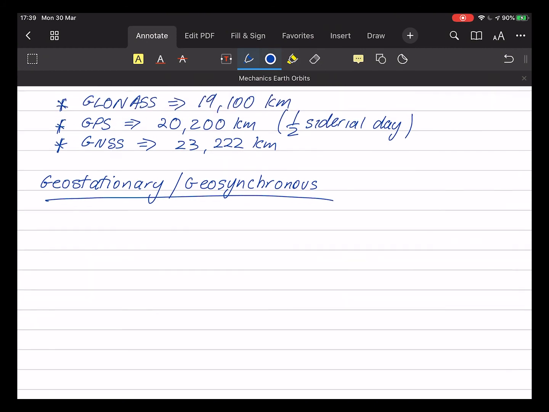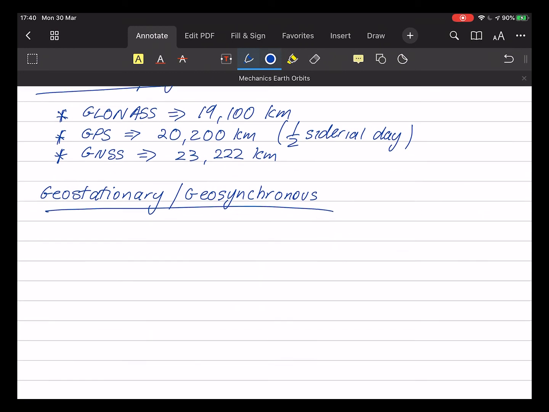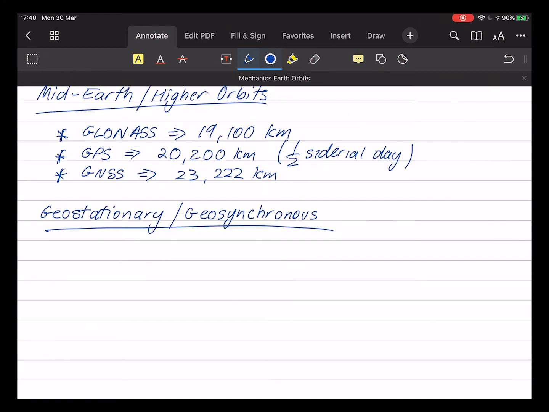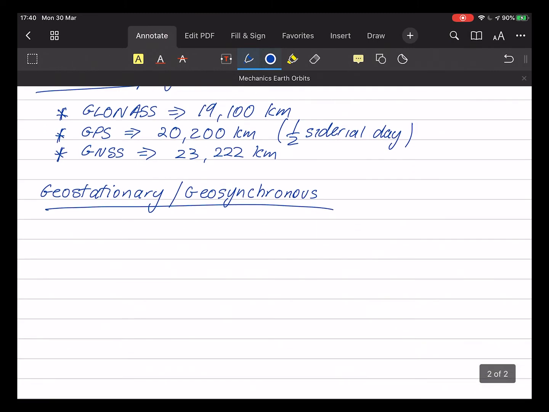Let's try and work out what that altitude should be. So let's write the period, as I've been saying, is 1 sidereal day, which is 23 hours.